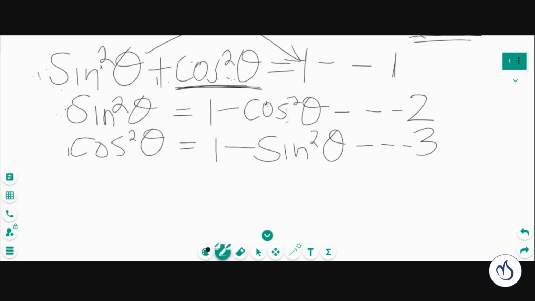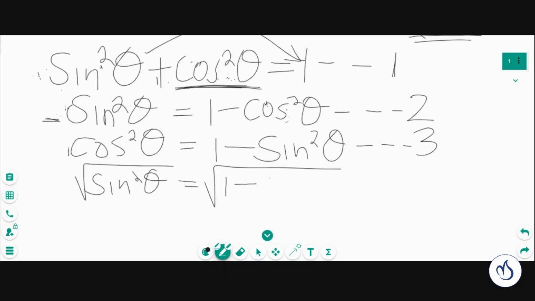We just take a root on both sides. If I start with the first one, I take the root of sine squared theta, which will be the same as taking the root of 1 minus cos squared theta.